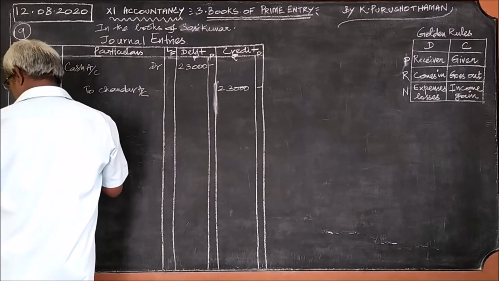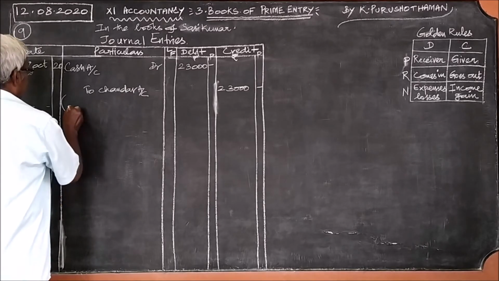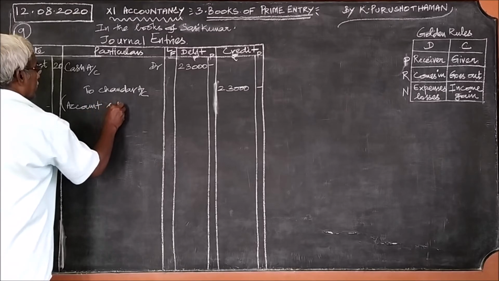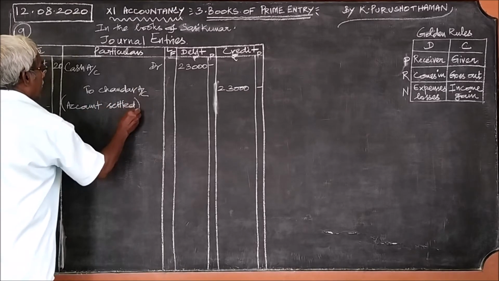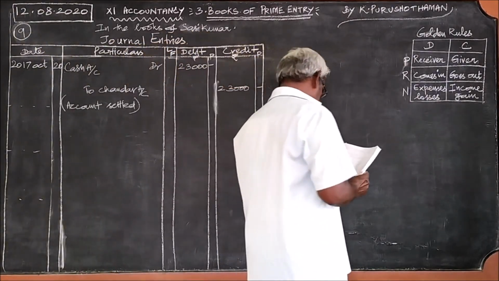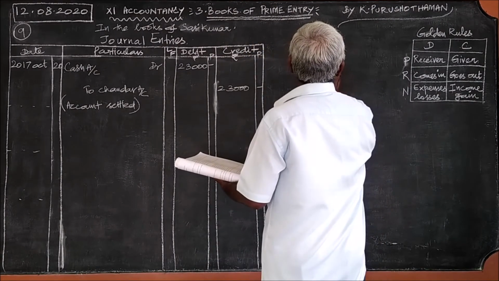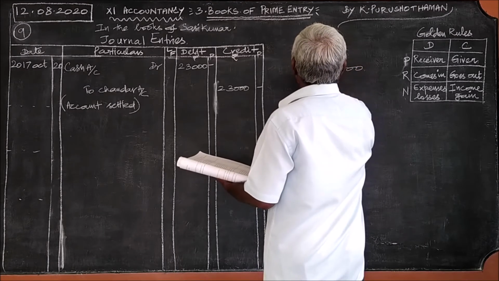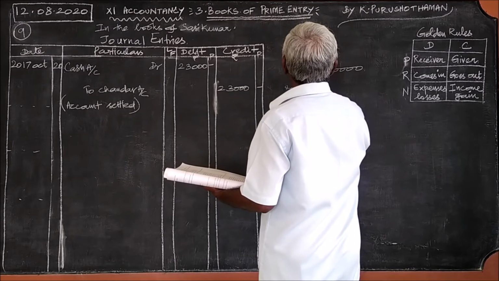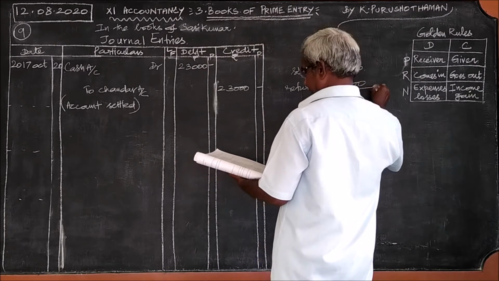So what is given here? Account settled by Chandar. In that case, we should go to the past. Sold goods to Chandar on credit 30,000. Goods sold 30,000. How much is returned? 6,000 worth of goods returned.